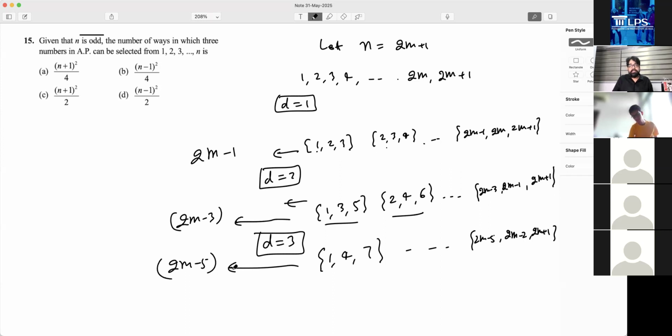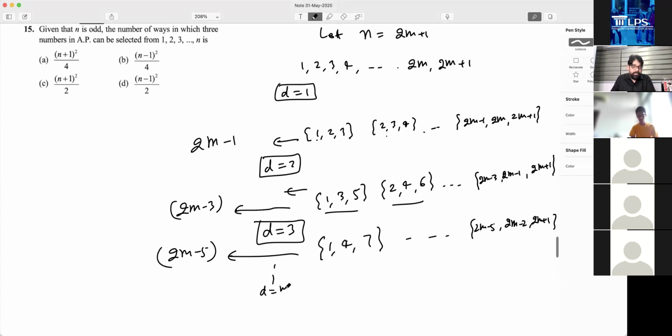Is this making sense? Like that, you have to count it, and we'll go up to d equal to m. If you take d equal to m, in that kind of situation, what will happen?